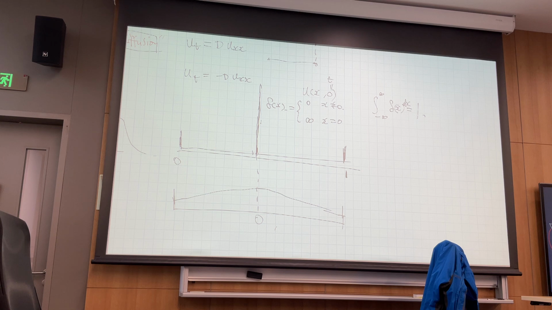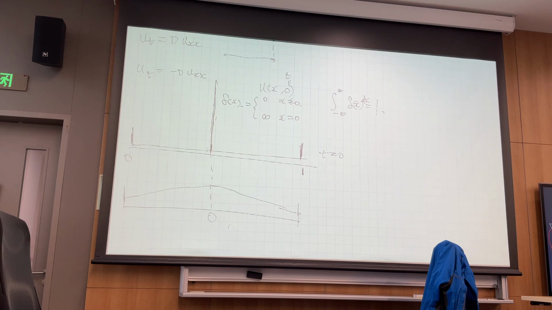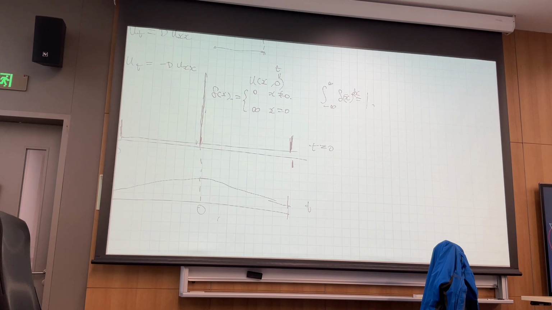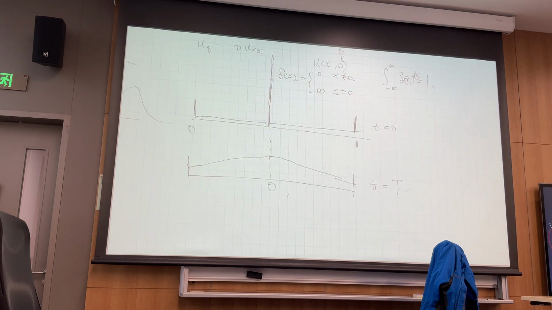Again, now let's try to reverse this process. Let's say we started from t equals 0. In the diffusion process, this is my t equals 0, and this is my t equals big T. Now, if I am starting from this initial condition in my anti-diffusion process and going backward, what will happen?